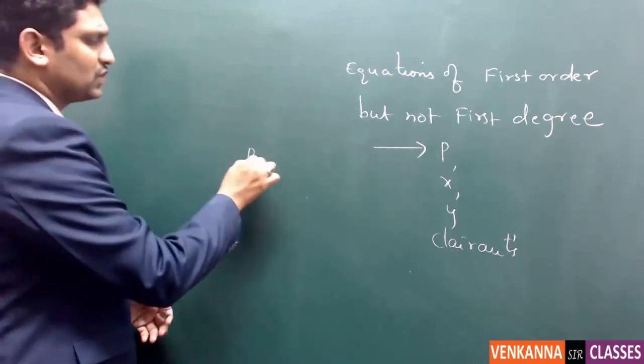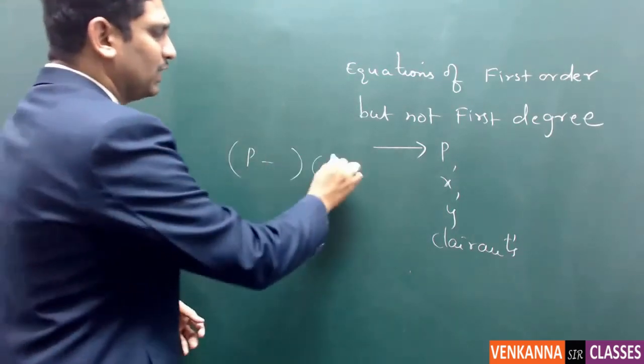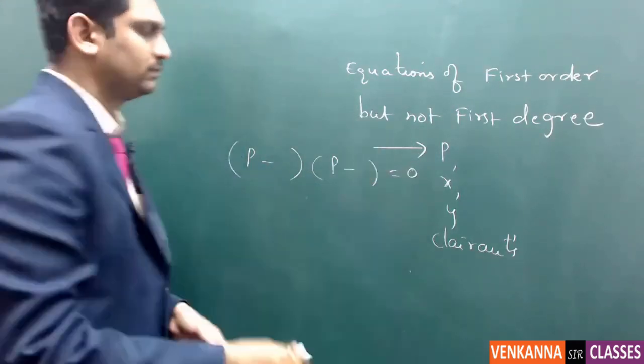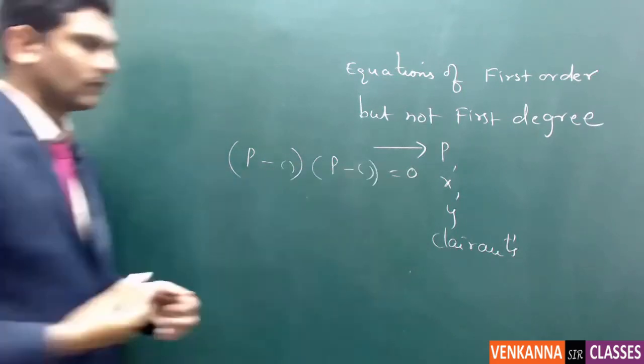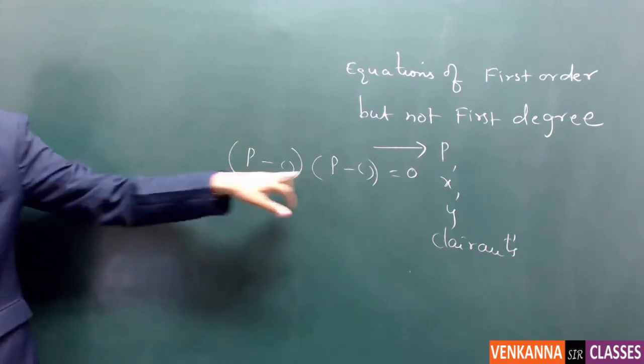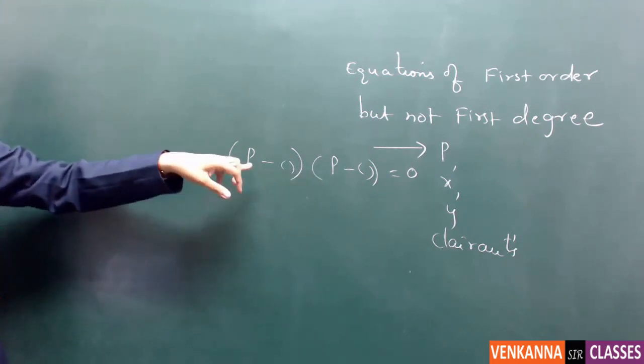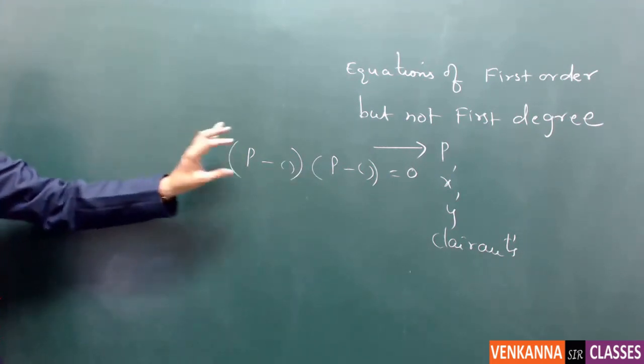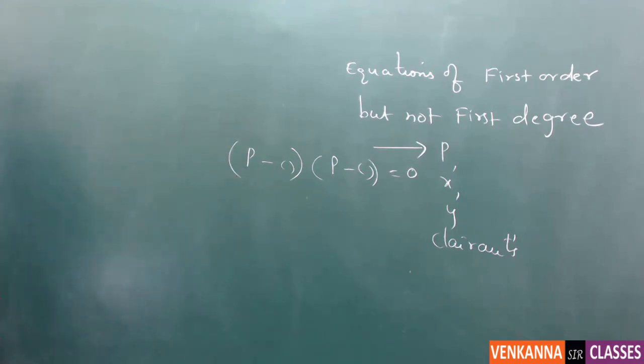The given equation will be represented as P minus something into P minus something equal to 0. So that we are going to evaluate each and every factor individually and the solutions will be written as a product. Accepted? Right. So let us take a sample problem on that.